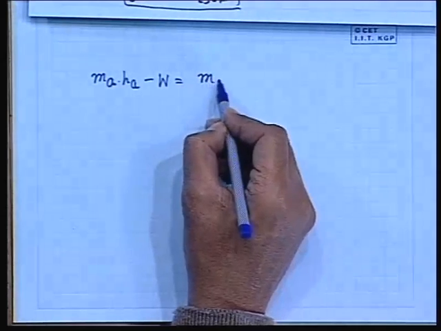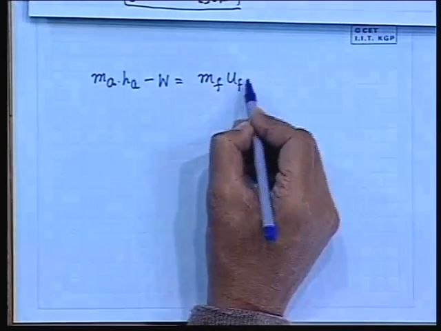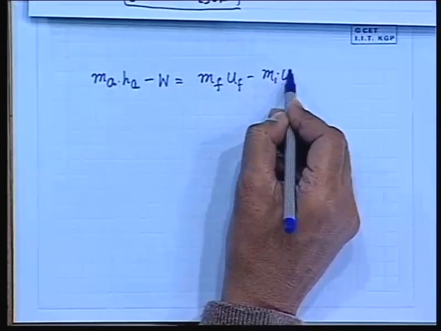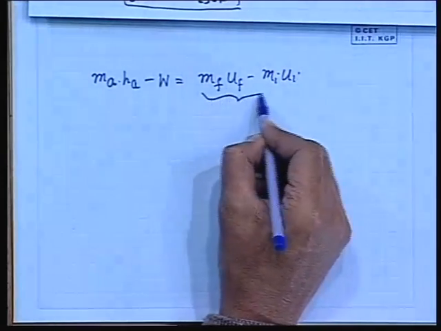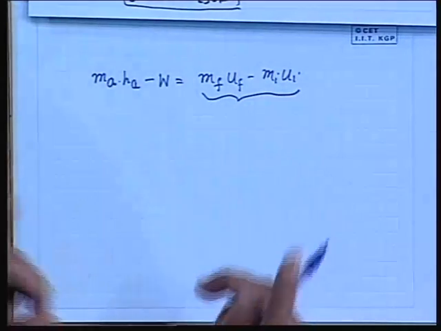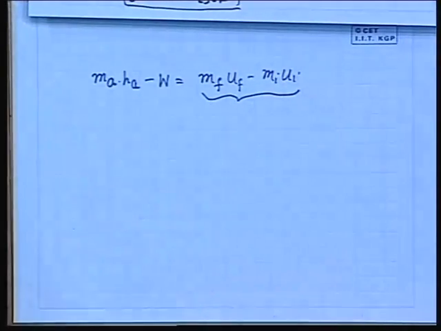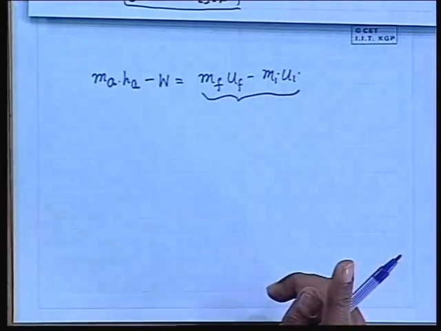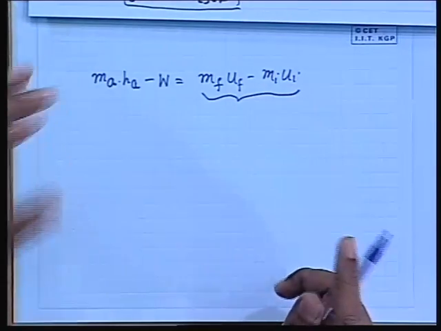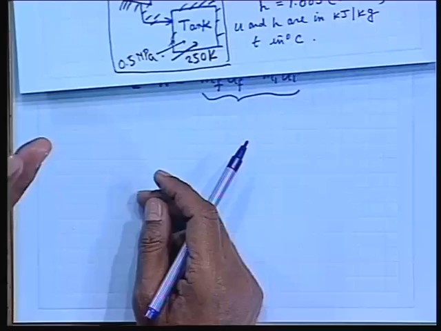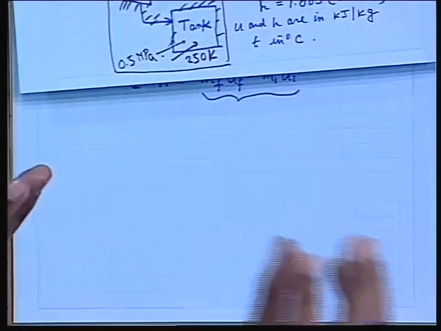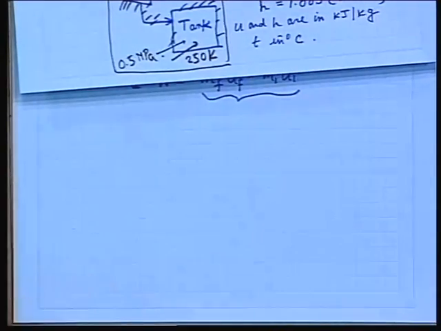The similar thing, MF UF minus MI UI, because this is nothing but the change in internal energy of the control volume. You look back to your steady flow energy equations, integrate it with respect to dt, then you get these values: that finite quantity of mass times the specific stored energy, finite quantity of work, finite quantity of heat, and the change in the internal energy.